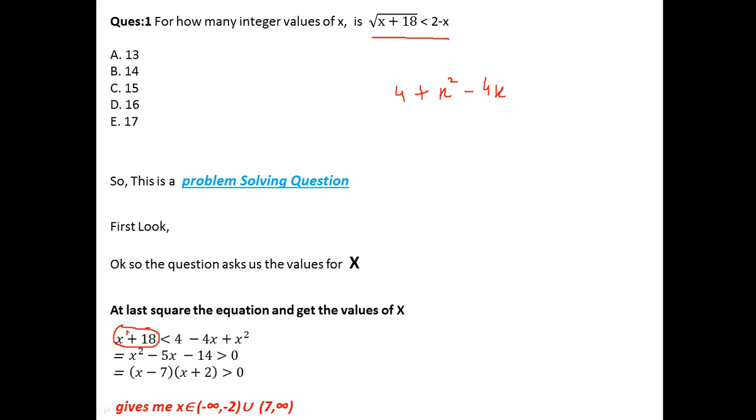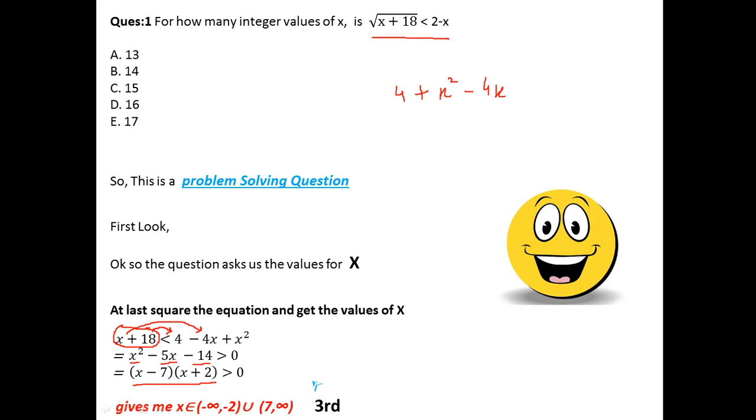Now take this x to the right hand side and you will get minus 5x. Take this 18 to the right hand side and you get minus 14 and the x square is left. Now factorize this and you get x minus 7 multiplied by x plus 2 is greater than 0. So this gives me a set of x, that is x belongs to minus infinity to minus 2 union 7 to infinity. So this is the third condition I get.